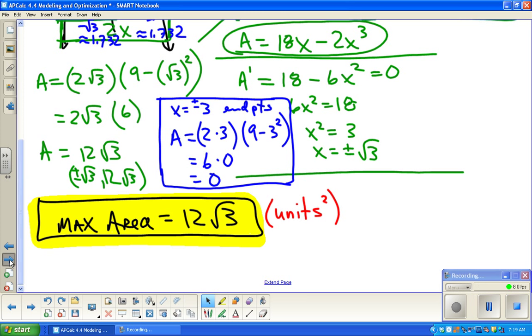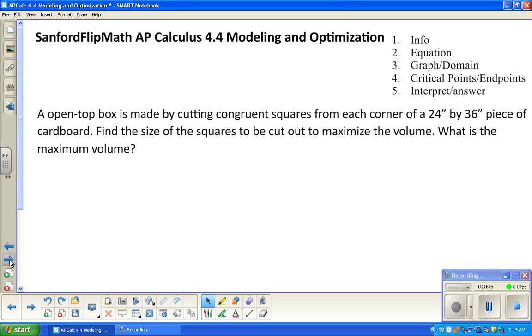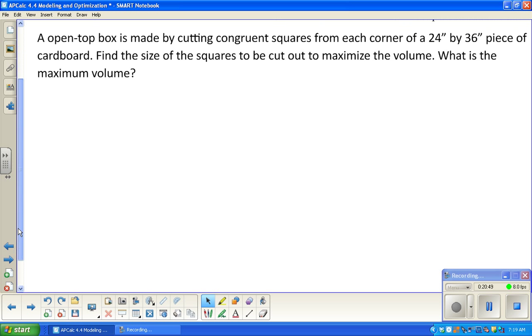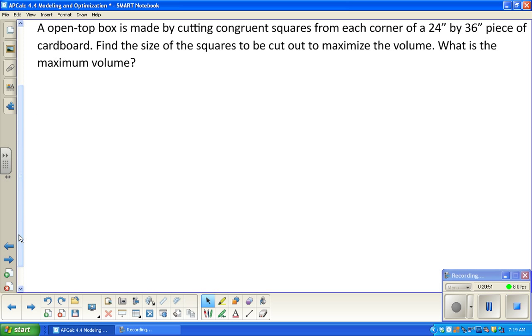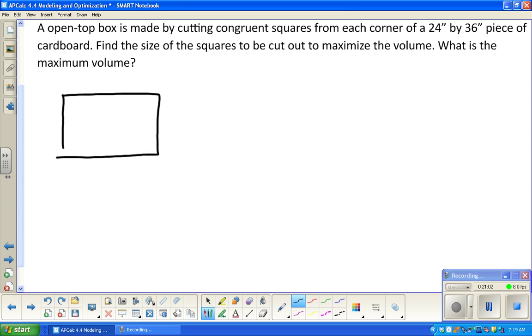All right, I am going to try and at least set up one more example. I'm not going to do the whole problem because I know time is getting away from us, but I'm going to set it up. Okay, and this one says an open top box is made by cutting congruent squares from a 24-inch by 36-inch rectangular piece of cardboard. Okay, so this is 36 inches and this is 24 inches, and here's the picture.